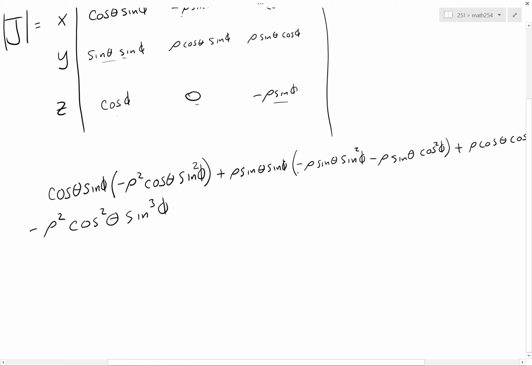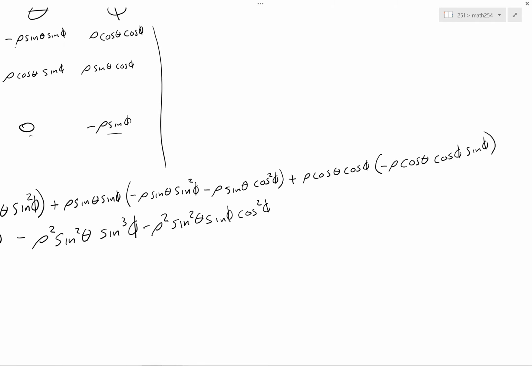Here, if we distribute this out, here times here is going to be a negative rho squared sine squared theta sine cubed phi, plus, no, minus a rho squared sine squared theta sine phi cosine squared phi. What a mess. And the trick will be if I can do this right without dropping something. That, of course, is always the trick.